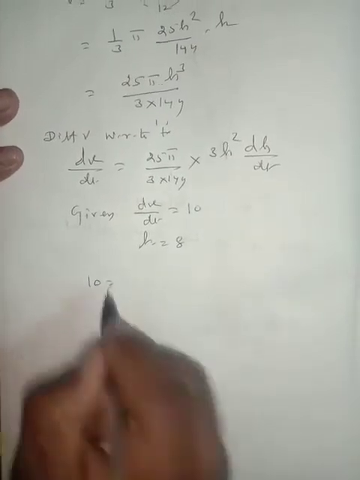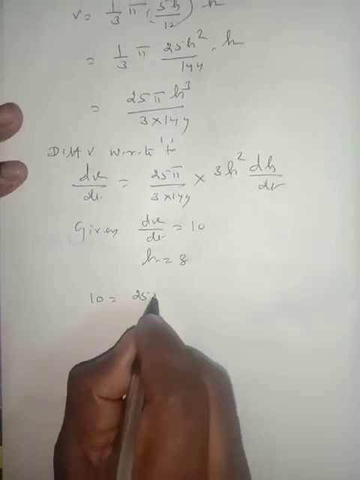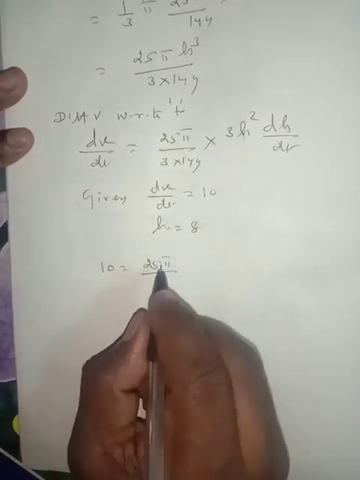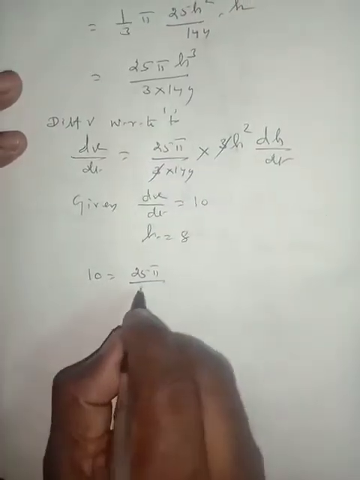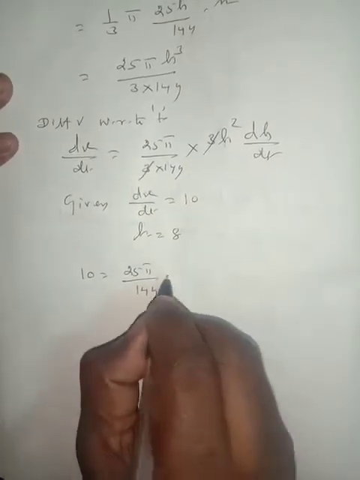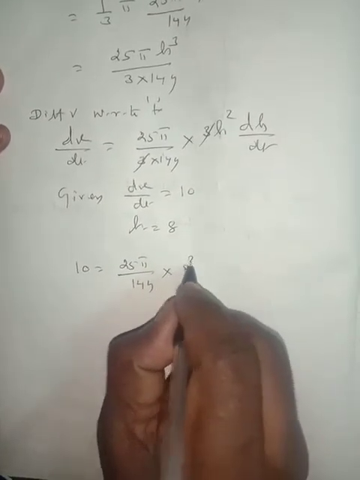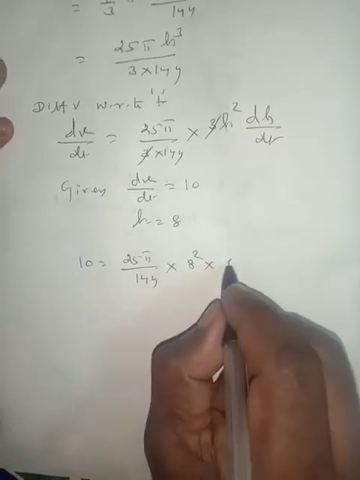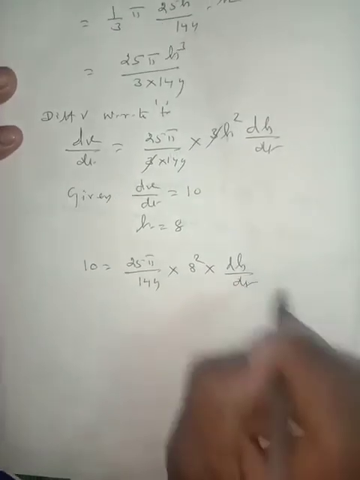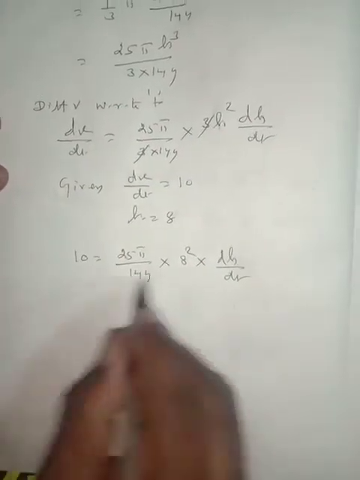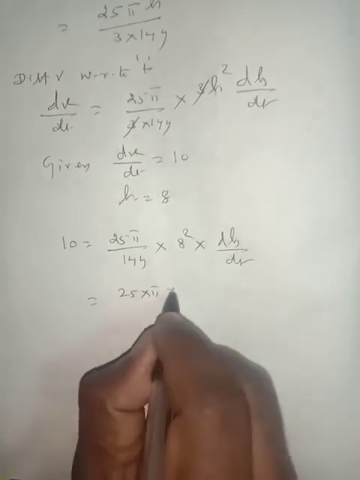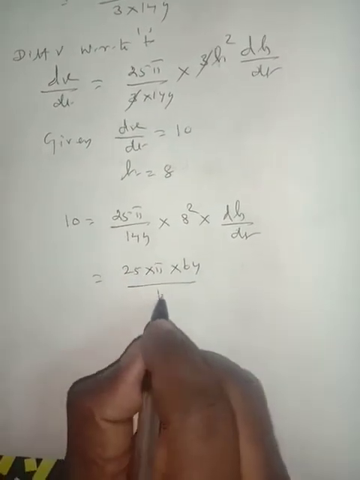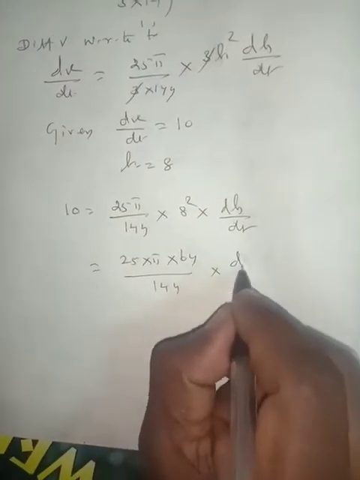10 is equal to 25 pi divided by 3 into 3 cancel, 144 into 8 square into dh by dt. Now 25 into pi into 64 divided by 144 into dh by dt.